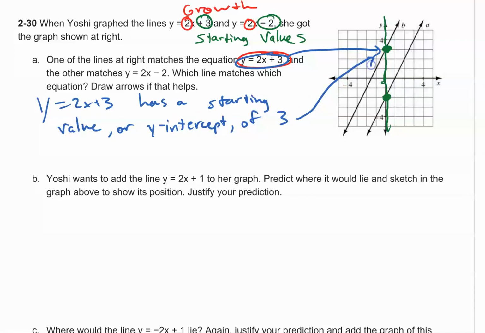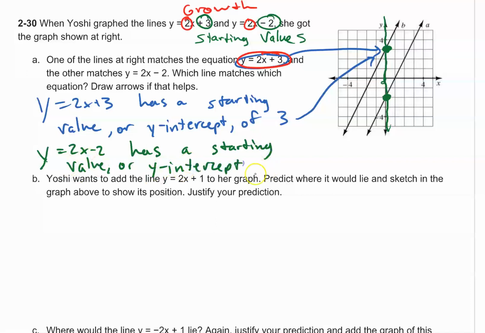So that means that goes with that line. And then y equals 2x minus 2 has a starting value, or y-intercept, of negative 2. So you find the line that has a starting value, or y-intercept, of negative 2, and that's got to be this one. So this line has the negative 2 starting value. That one has the plus 3.